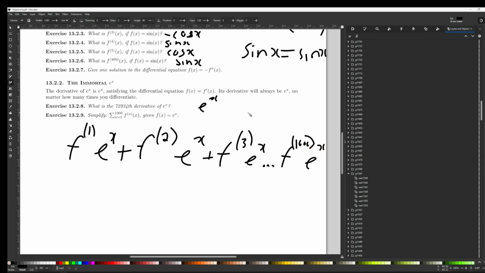Since the derivative does not change e to the x, these derivatives are all actually useless. They do not change the value of e to the x. We're going to be left with 1000 of these e to the x's. So our answer is going to be 1000 e to the x.